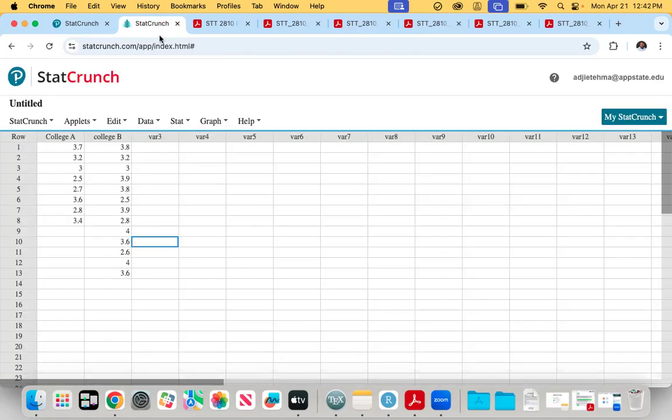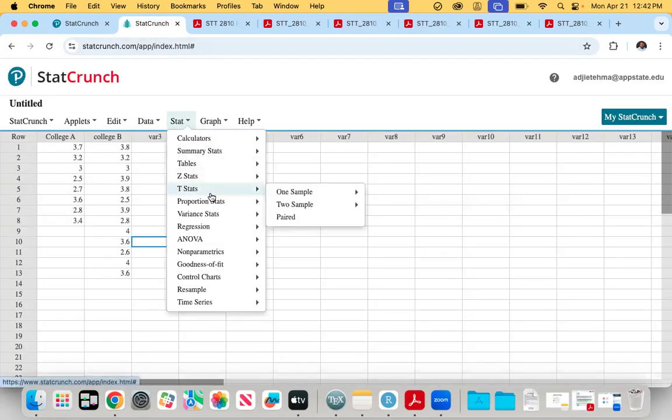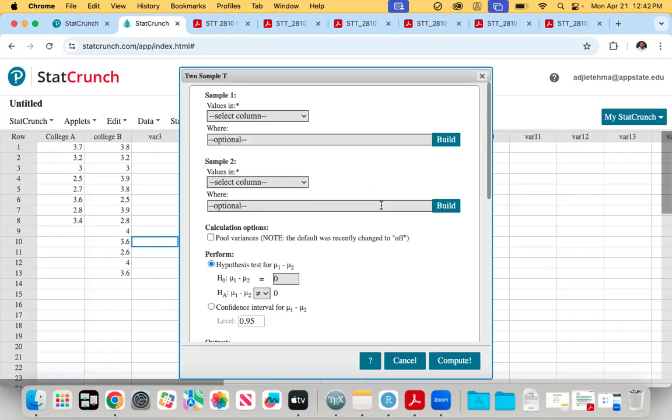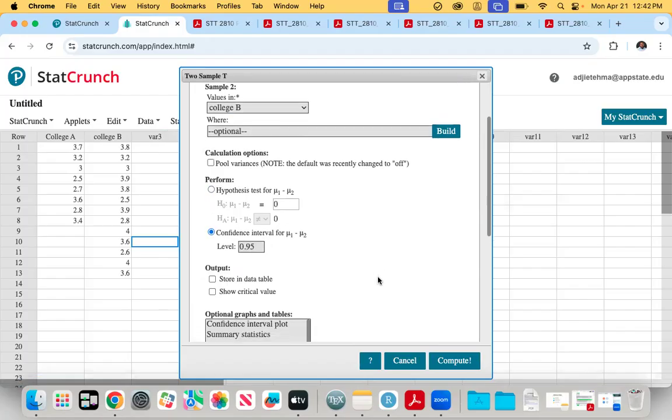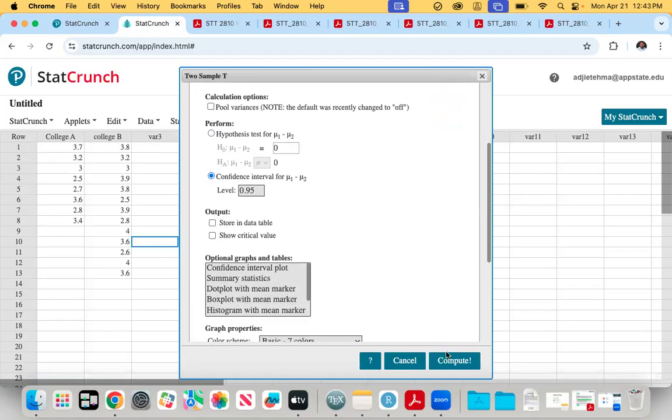So to do that, we go to Stats, T Stats, Two Sample, With Data. So I click on that. Sample 1 is college A, sample 2 is college B. And I want the 95% confidence interval. And then let's hit that.